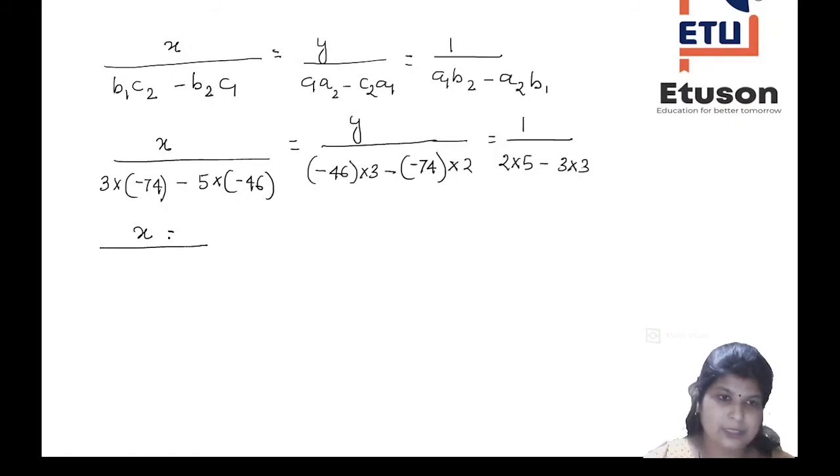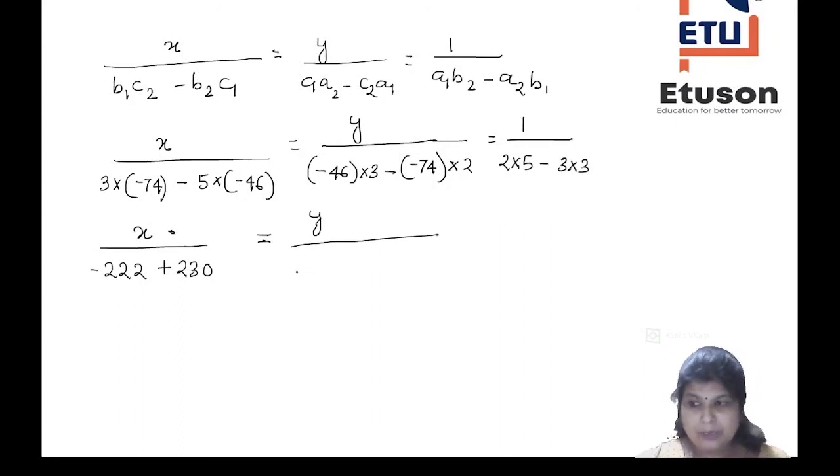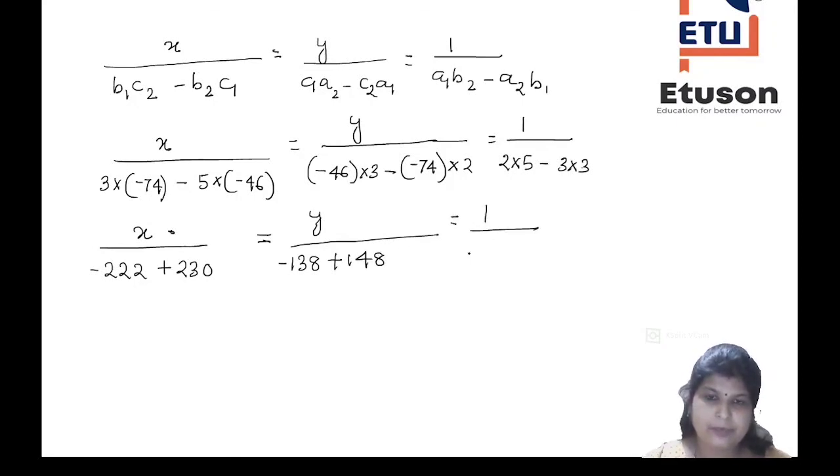So let us solve it first. x divided by 3 into minus 74, that is minus 222, plus 46 into 5, so there is a negative sign, so plus 230. Then y divided by minus 46 into 3, that is 138, right? Minus 138 plus 148, correct? So that is equal to 1 divided by 10 minus 9, which is equal to 1.